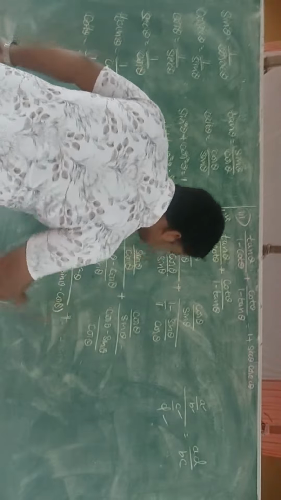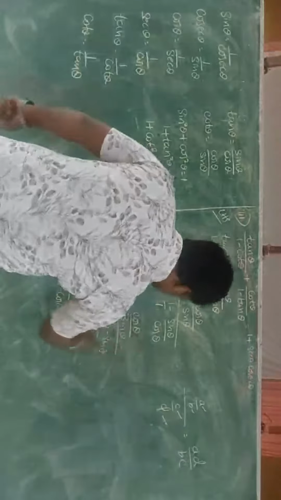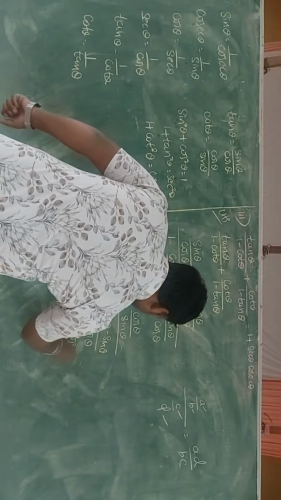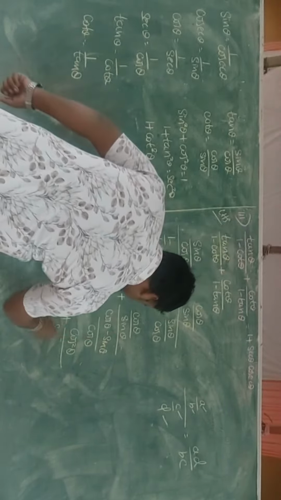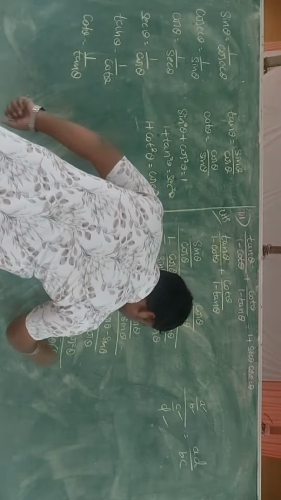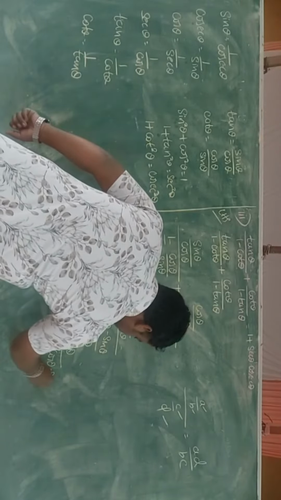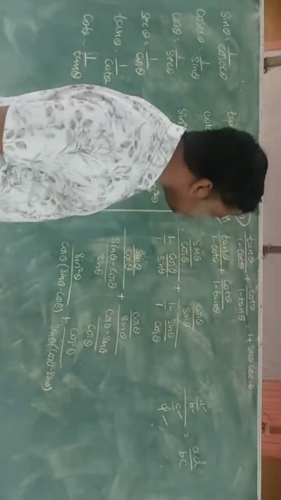Plus cos theta into cos theta, cos square theta, divided by sin theta into (cos theta minus sin theta).